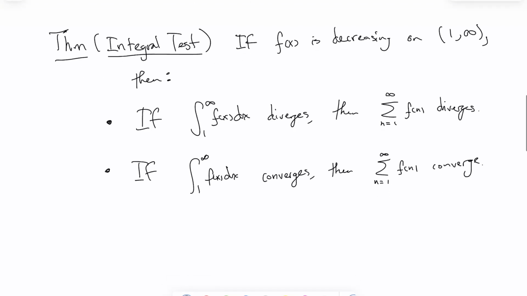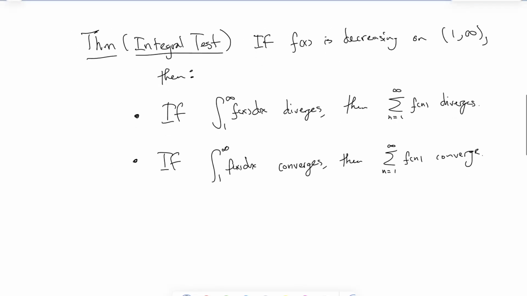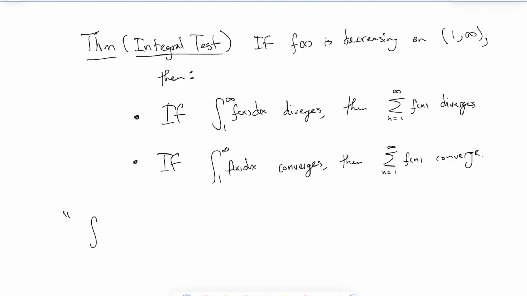Sometimes when people say this slightly informally, you could say it like the integral from 1 to infinity of f of x dx and the series n equals 1 to infinity of f of n have the same convergence.